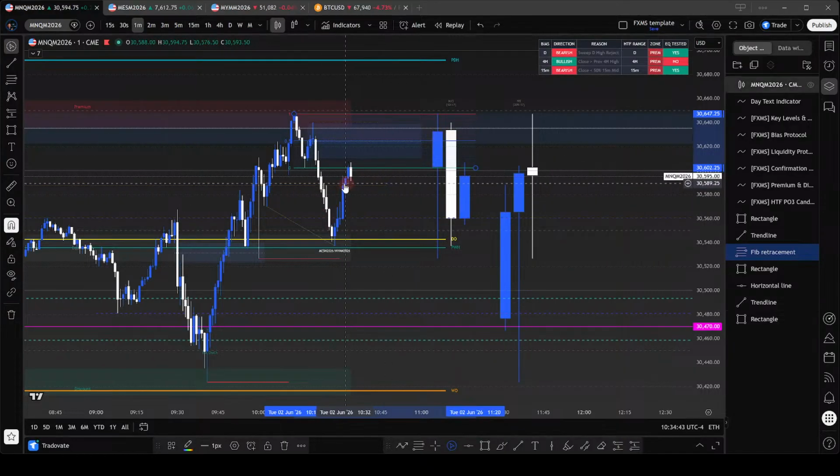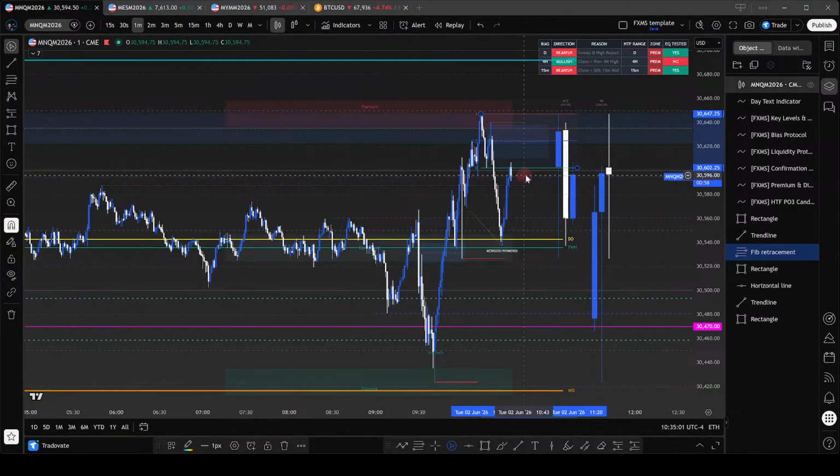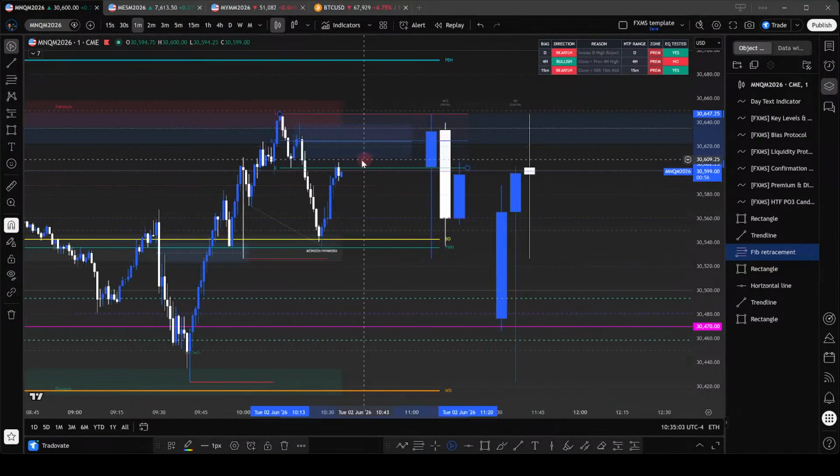Right, I'm not playing the short, but this is what we're going to be looking for if we had. So we have 15-minute bearish bias. We have the high here that's swept. We have price tapping into the imbalance and the change of character. We want to see price close through this previous high that we swept over here, obviously for confirmation.